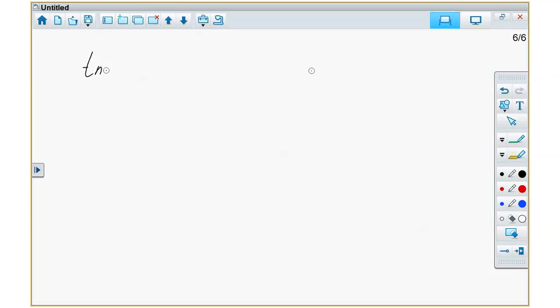Tan theta plus, okay, tan theta has what? Has sine, handy dandy.